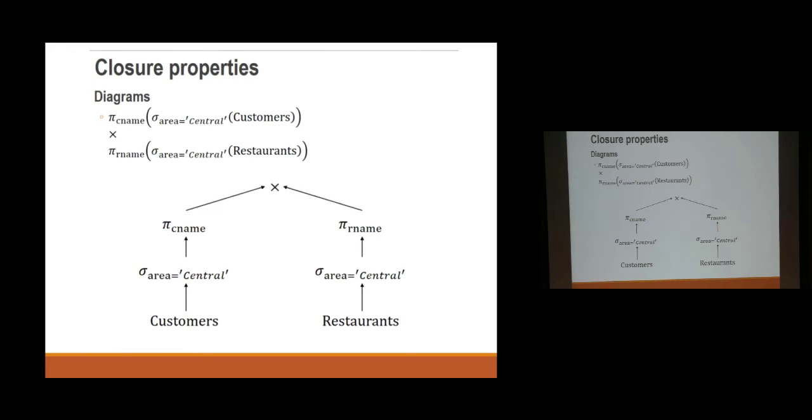Right? And then you can also do the same for the other one. You can get this. And then from here, you can give it to the cross product operation. All right? So if you are not exactly sure on how to write things, you can actually draw the diagram first. The diagram makes it clear which order you should apply things. All right?